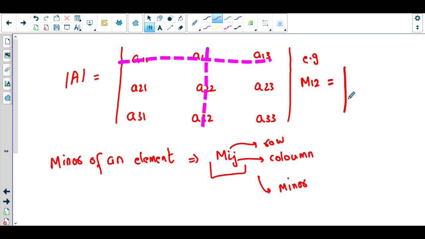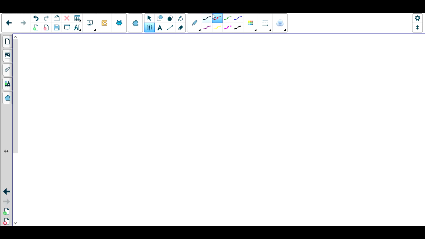We are left with A21, A23, A31 and A33. This is minor M12. Okay, so M12 means first row and second column, remove it, the remaining one will be your minor. Okay, now another thing is called cofactor.